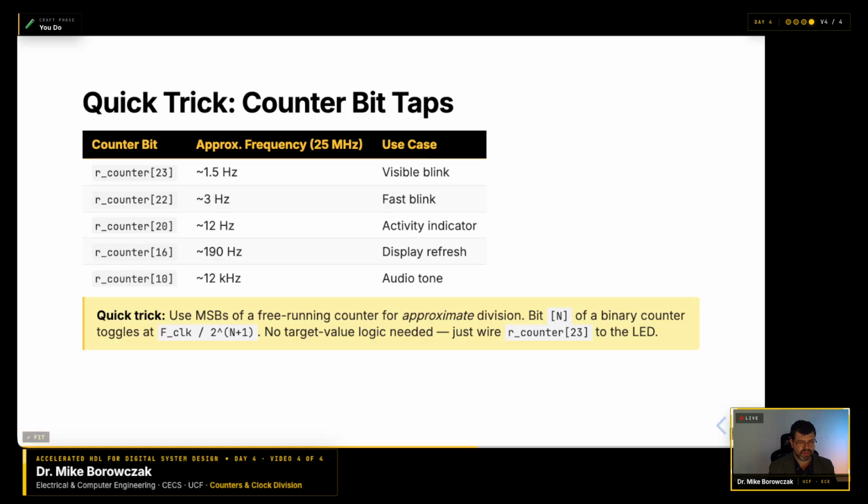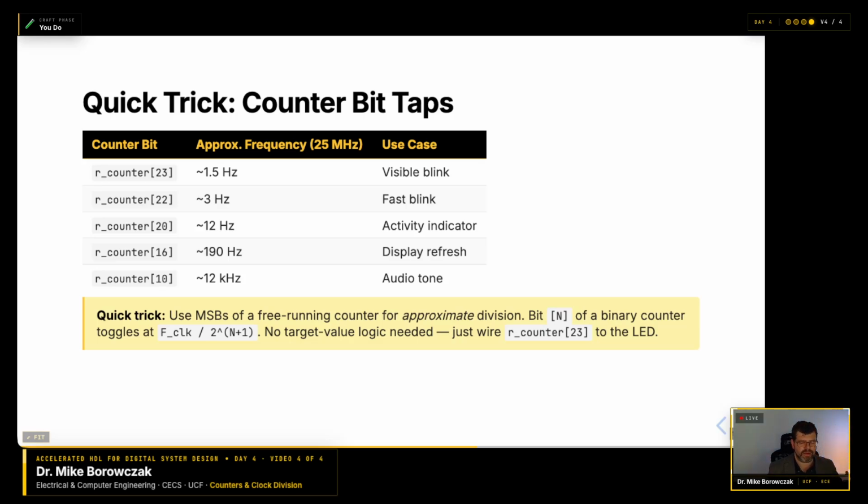And so down here, I've got the quick trick. You can use a free running counter and basically figure out approximately how fast things are running. The nth bit of a counter is essentially the frequency of the clock divided by 2 to the n plus 1. There's an approximation in here because that plus 1 is not taken into account.